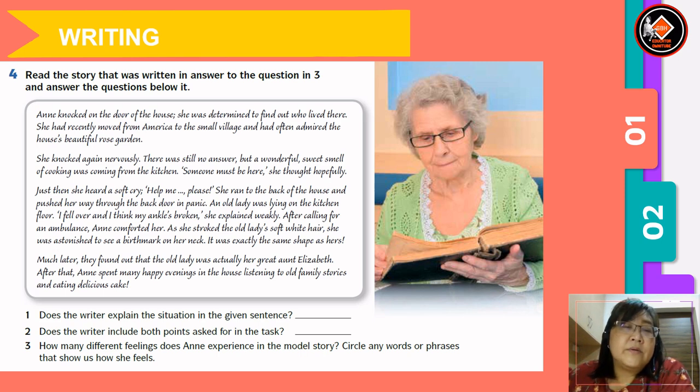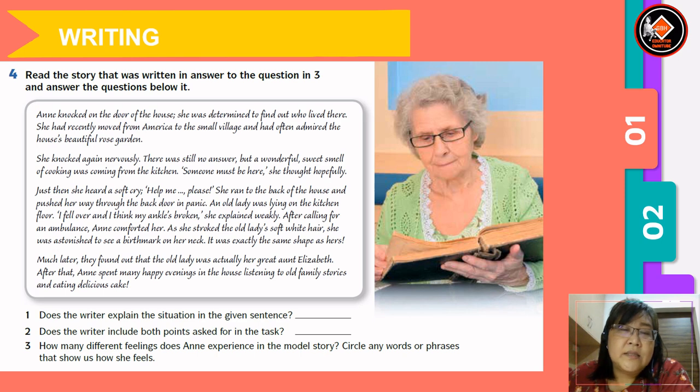So now read the story that was written in answer to the task in number 3 and answer the questions below it. Anne knocked on the door of the house. She was determined to find out who lived there. She had recently moved from America to the small village and had often admired the house's beautiful rose garden. She knocked again nervously.